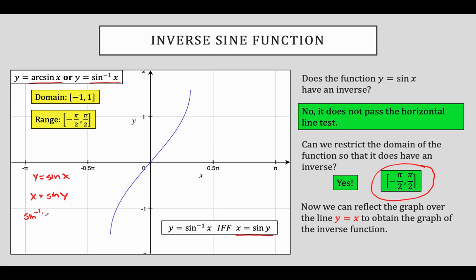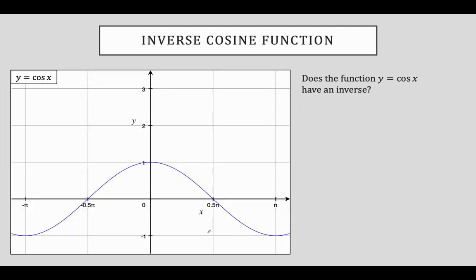If we take the inverse sine of the left-hand side of the equation and the inverse sine of the right-hand side, we get the inverse sine of x is equal to inverse sine of sine of y. Inverse operations are going to cancel each other out, and we are left with y. So y equals the inverse sine of x, and x is equal to the sine of y. Those two expressions are actually identical. We like y equals inverse sine of x because we have y written as a function of x.